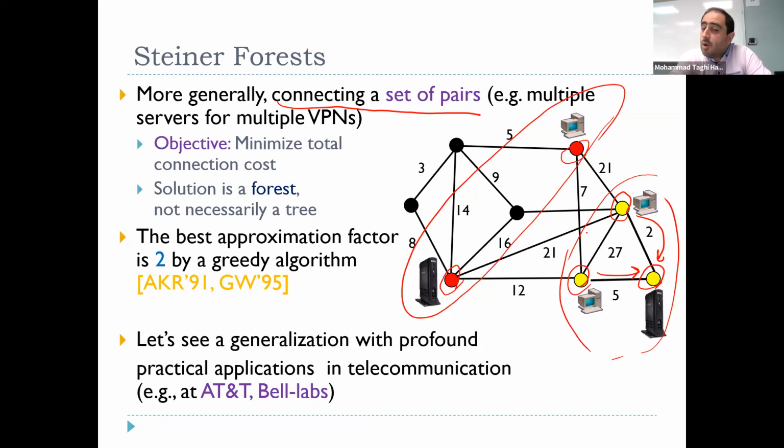Or you can connect, say, all 3 of them together. There is no difference. So in the Steiner forest, essentially, you may have a set of nodes that you want to connect all of them together, but you can always somehow describe this requirement in terms of just the pairs. So again, in the Steiner forest, we are given a set of pairs, and you want to connect them.